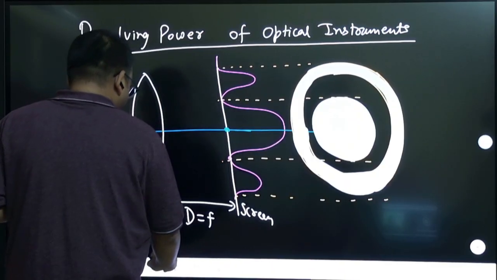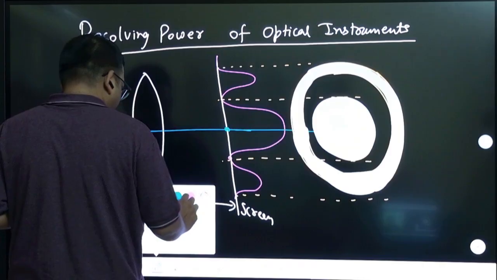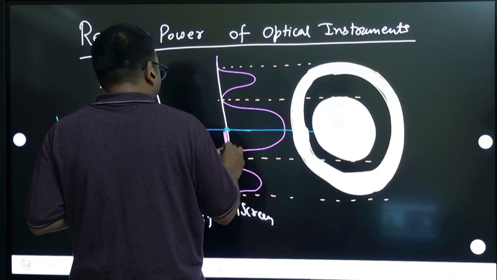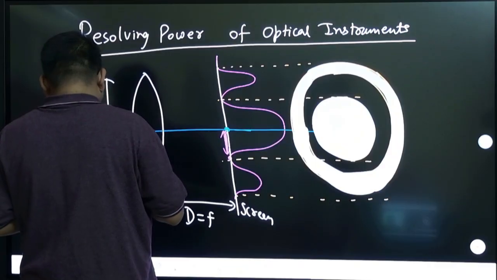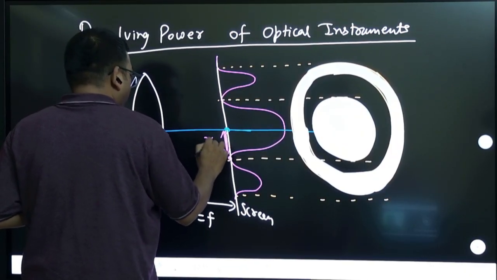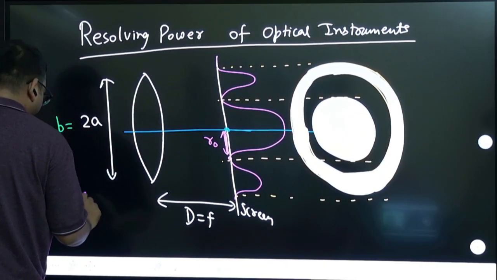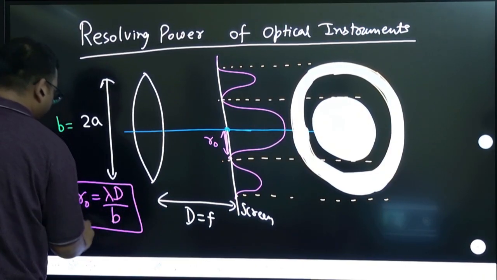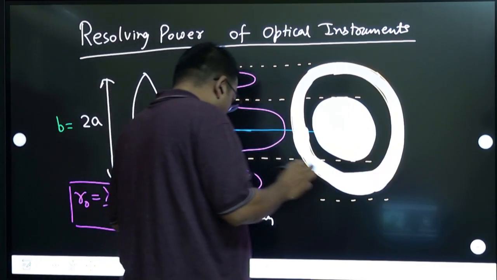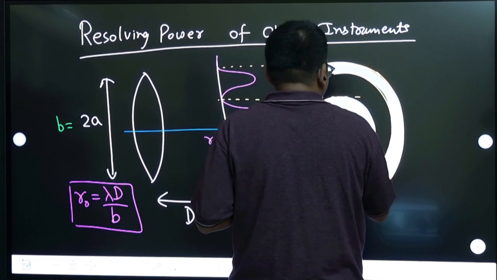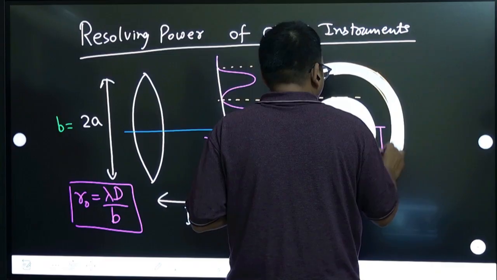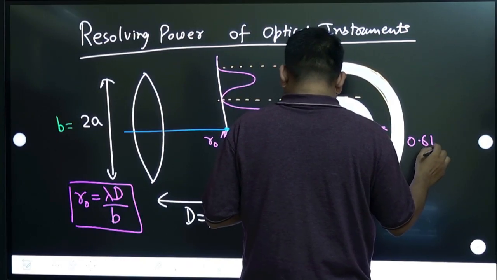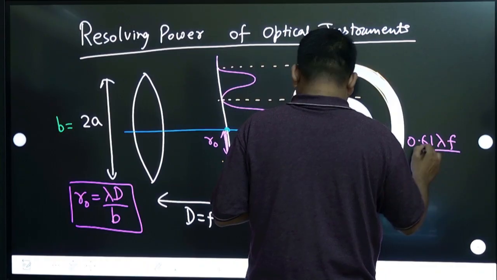Now here we already have done the calculation, but now by experiment we will see this radius. If you remember, by diffraction we calculated this radius previously, and it was lambda d by b. That was the formula for the radius of this first bright spot. But according to experiments, this radius comes as 0.61 lambda f by a.